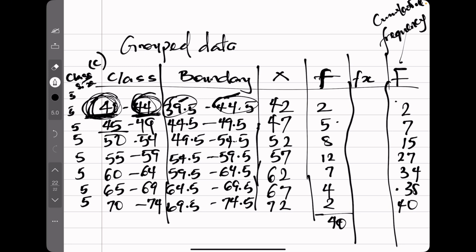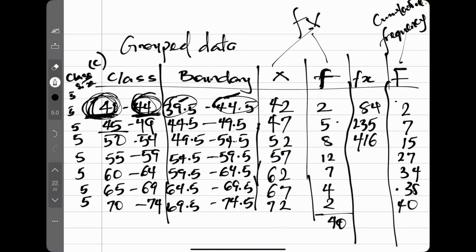So for fx, that is the multiplication of f and x will give us fx. That is 42 times 2, which will give 84. 47 times 5, I believe you should be solving right now with me. We give you 235. 52 times 8.